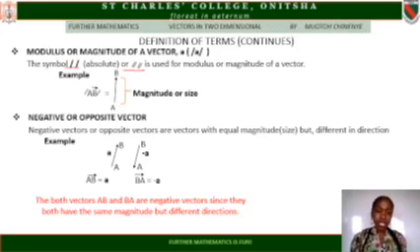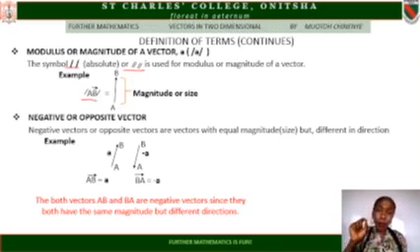Then the next is the negative or opposite vector. For opposite vectors, when two vectors are in opposite forms, they don't move in the same direction. They move in different directions. One goes up and one comes down.